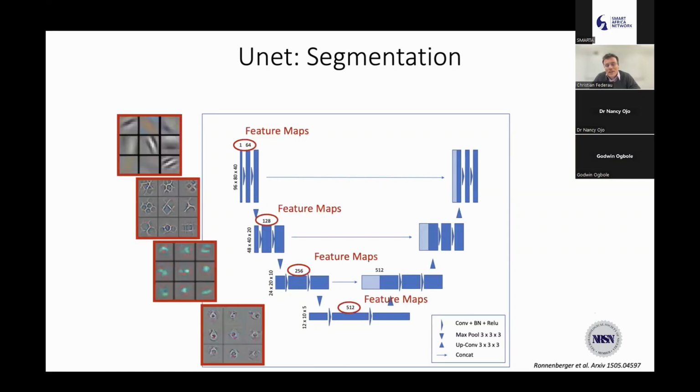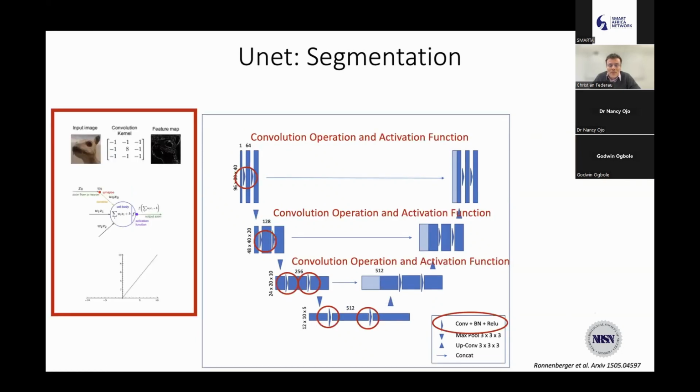So the UNet looks like this. And again, you have the feature map. The deeper you go, the more concepts you have inside the feature map. So again, you have this kind of basic information in the first layer, and the deeper you go, the more you get concepts of the image. Again, you have this convolution operation and activation function.